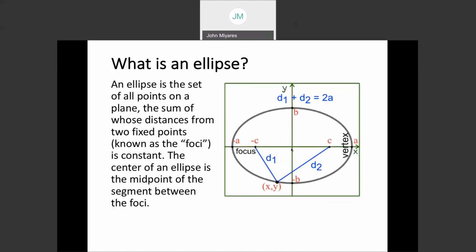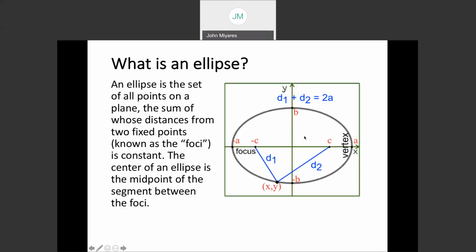In this drawing, going from the center and heading out left and right, you have what I'm calling the horizontal radius, which in this case is as long as the radius of this object can be. And going up and down from the center is what I call the vertical radius, which is as short as the radius can be. The points marked at C and at negative C are called the focal points or the foci.